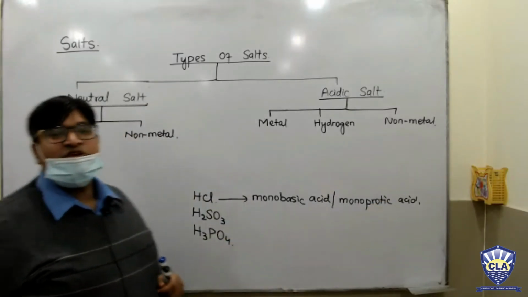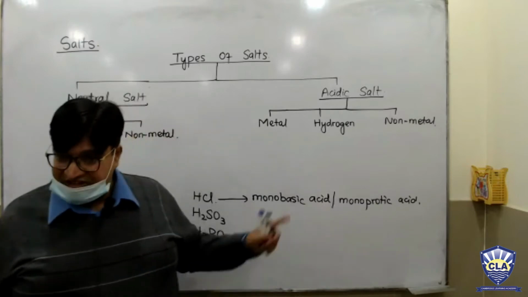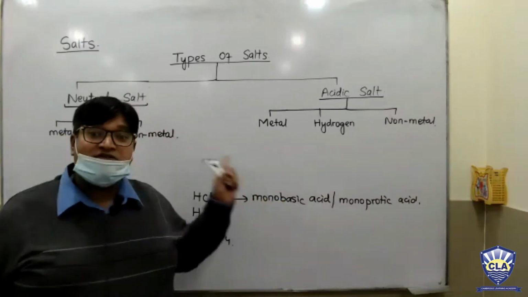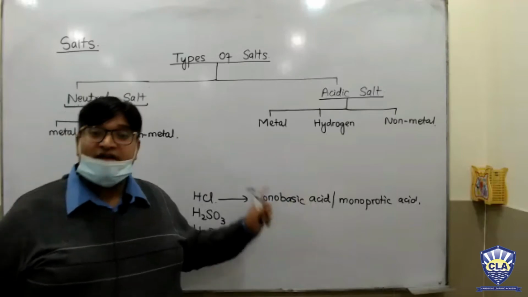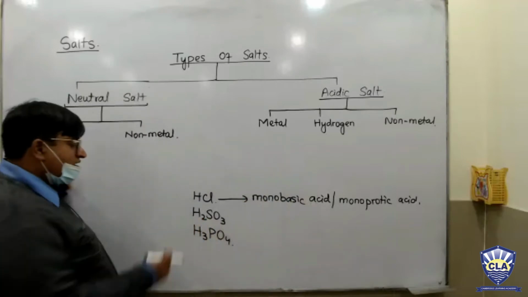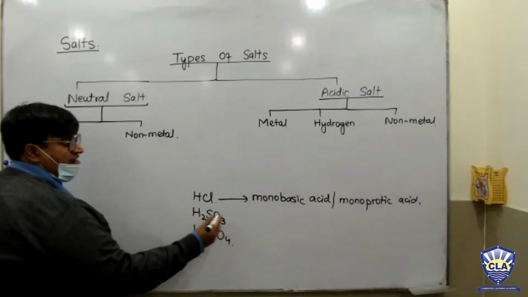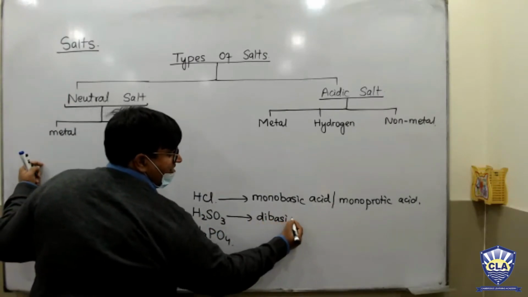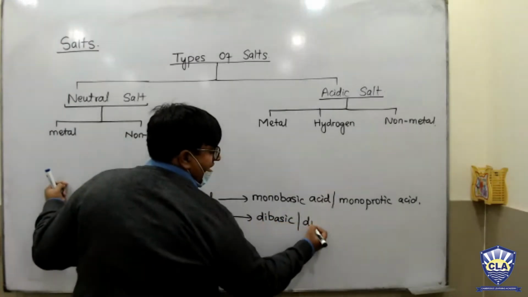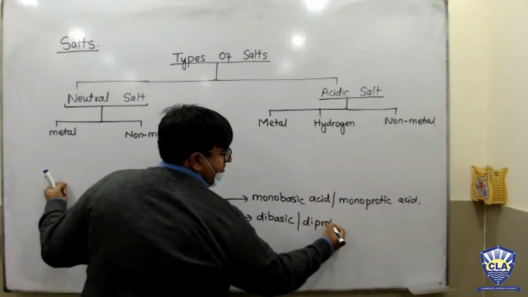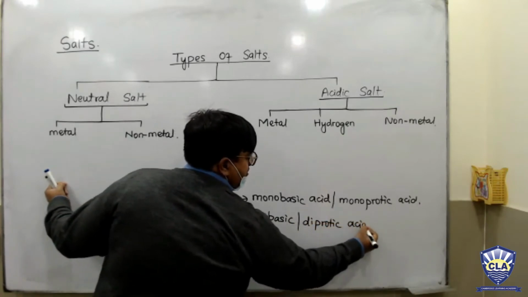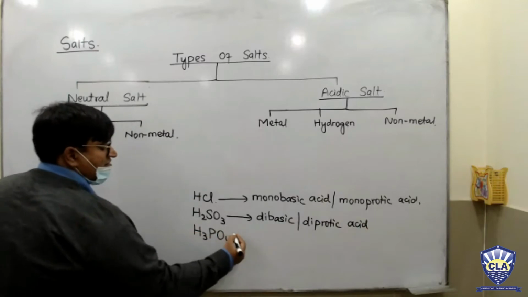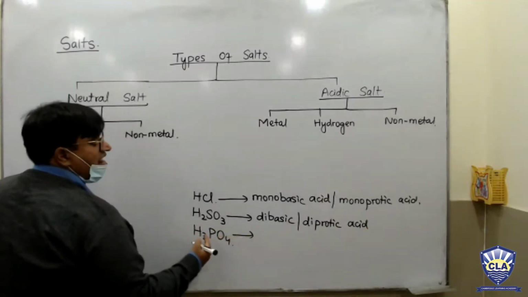In papers, 3 or 4 times these types of questions have come. They have asked you about monobasic, monoprotic. And just like that, this one produces 2 hydrogen ions. So this one is called a dibasic or diprotic acid. And just like that, this one produces 3 hydrogen ions.